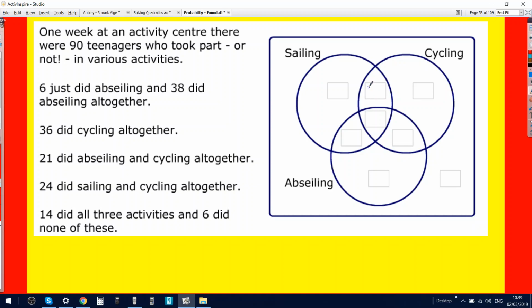So sailing and cycling, is it? So abseiling and cycling. Yeah, so 20 there. Okay, so do the people in the middle do abseiling and cycling? No, they do abseiling, sailing, and cycling. Okay, so if you asked them, do you do abseiling and cycling, what would they say? They would say yes.